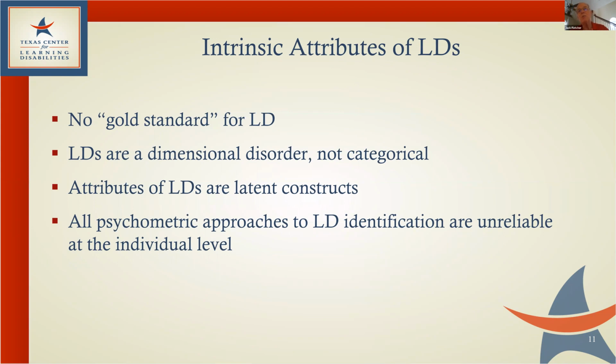None of these methods takes into account measurement error, and it leads to inherent unreliability in the identification of a child as at the threshold or below the threshold, and I'll show you that in a little bit. But what this means is that all approaches that are purely psychometric approaches to learning disabilities identification are unreliable at the level of the individual, including methods that are based on RTI.